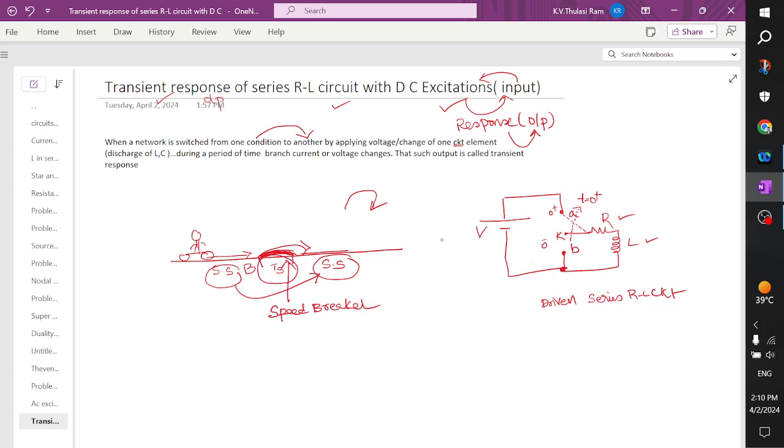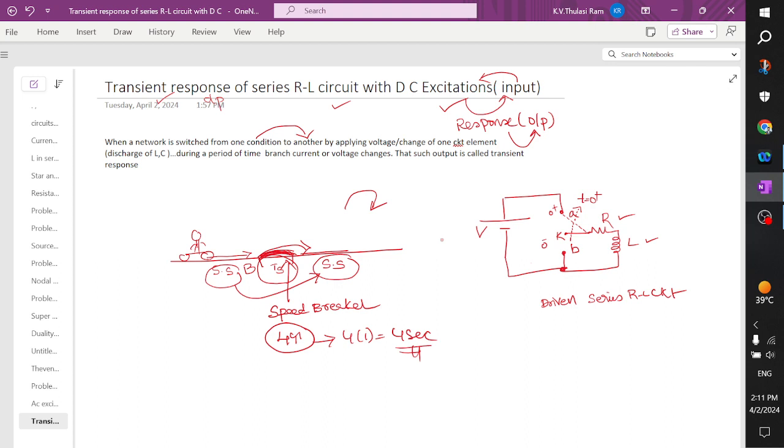Transients will not be present for a longer time. They are present for a shorter time, which is nothing but four times the time constant. If the time constant is 1 second, the transient will be available for a maximum of 4 seconds. Just like here, previously the network is not given any supply.